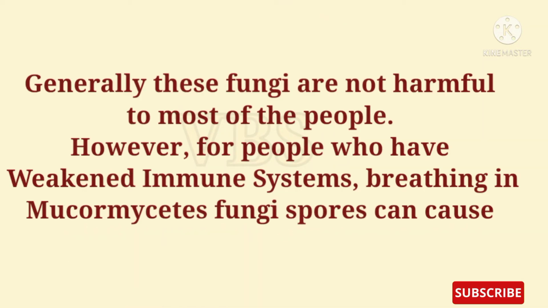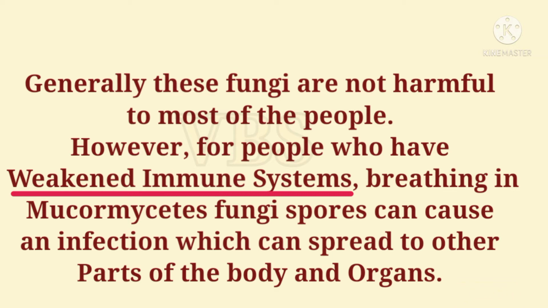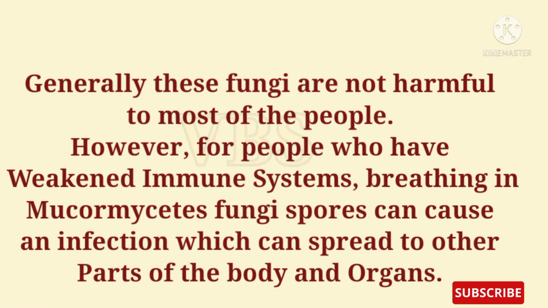Generally, these fungi are not harmful to most people. However, for people who have weakened immune systems, breathing in Mucormycetes spores can cause an infection which can spread to other parts of the body and organs.